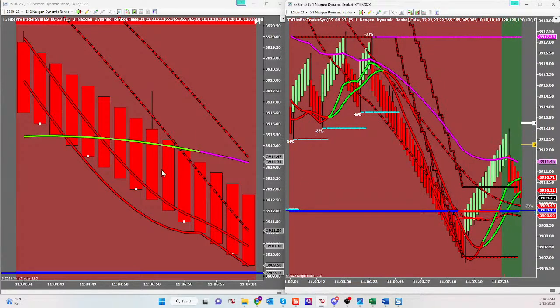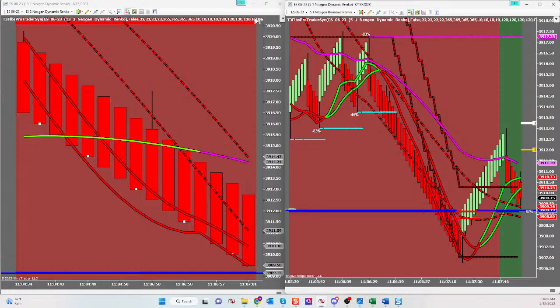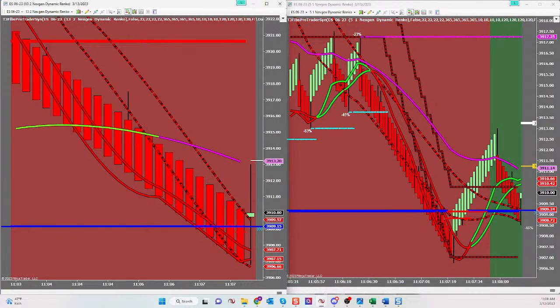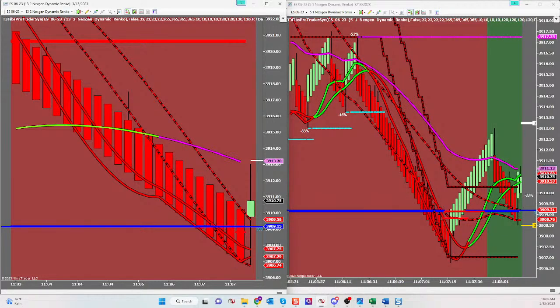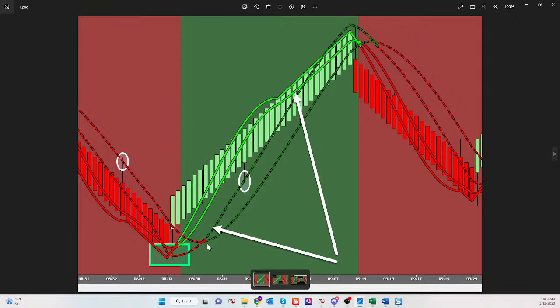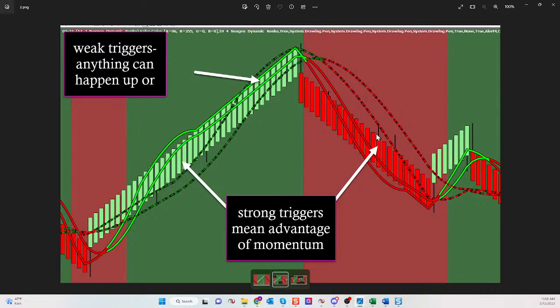That's the look, guys. That's your look. That's your precursor for every great trade. Odds favorable momentum. Most of the time, all you can do. Odds favorable momentum. Strong triggers. Weak triggers. Anything can happen.